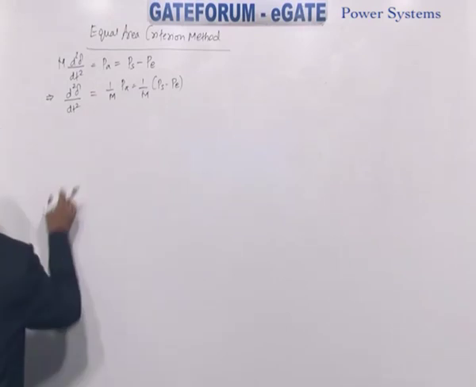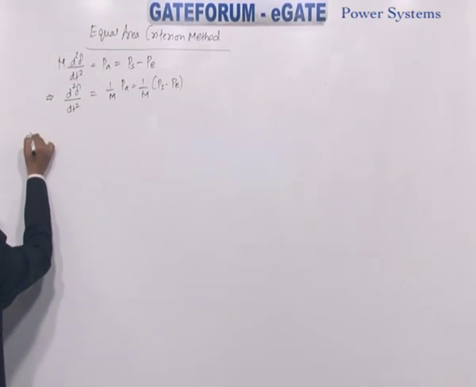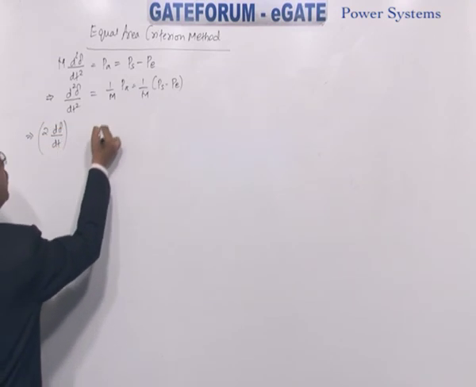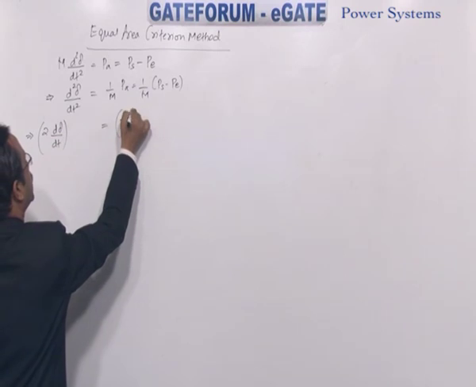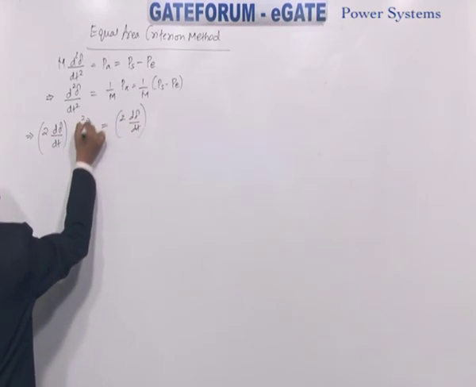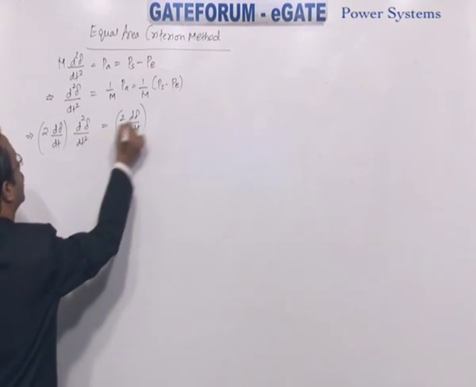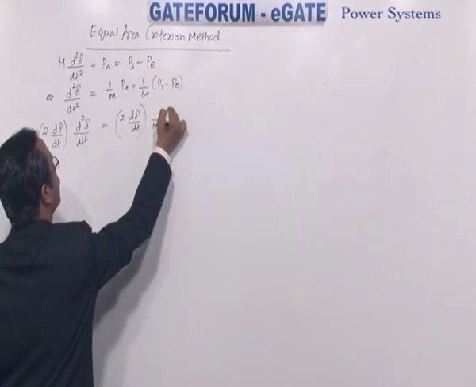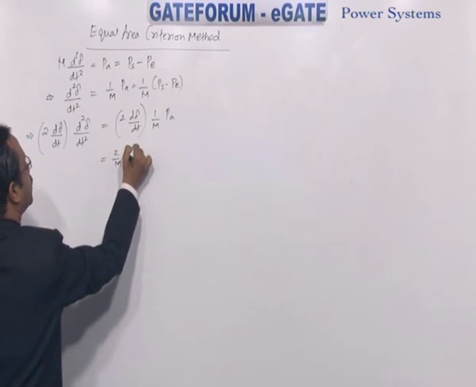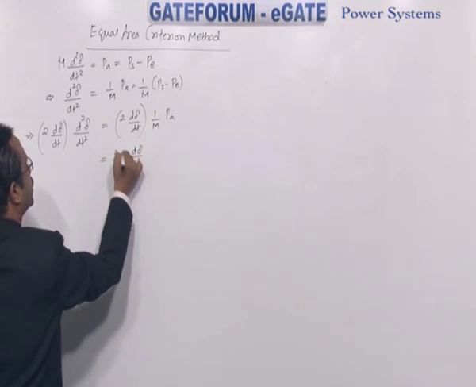Now you multiply the left hand side term and the right hand side term with 2 d delta by dt. So here you get 2 by M d delta by dt Pa.